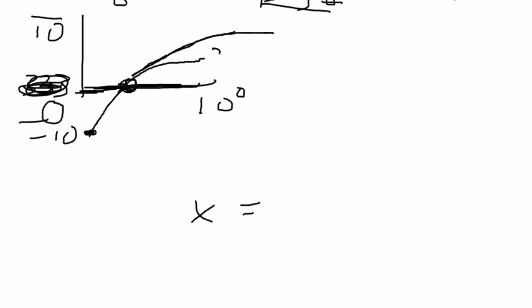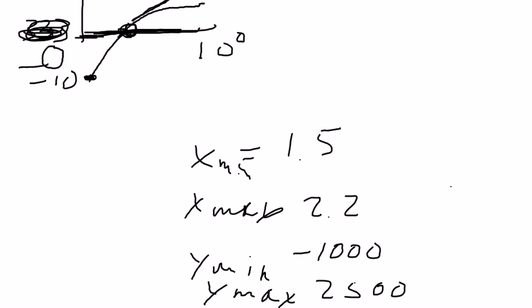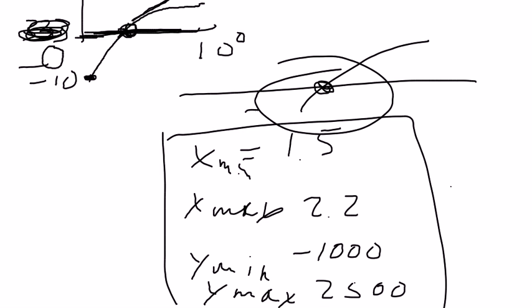X min 1.5, X max 2.2, my Y min negative 1,000, my Y max is 2,500. This gives me a real nice way to solve this problem. But maybe try and understand why these values work, and that'll help you understand why we get that answer.